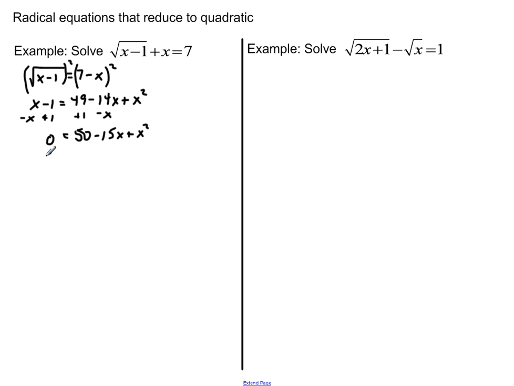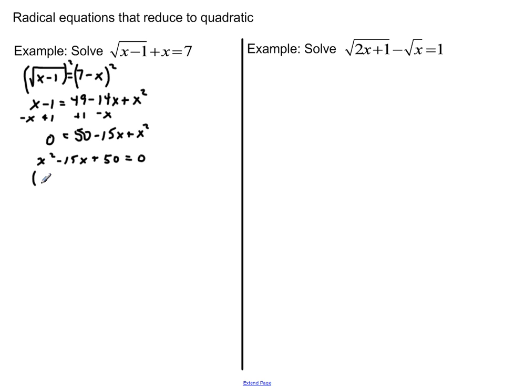Or written another way, x squared minus 15x plus 50 is equal to 0.